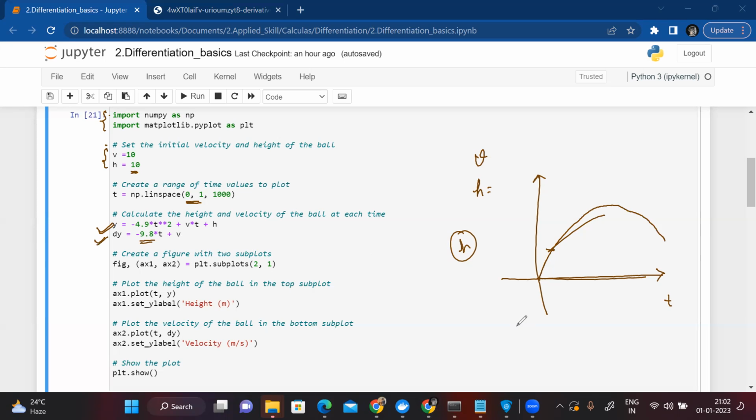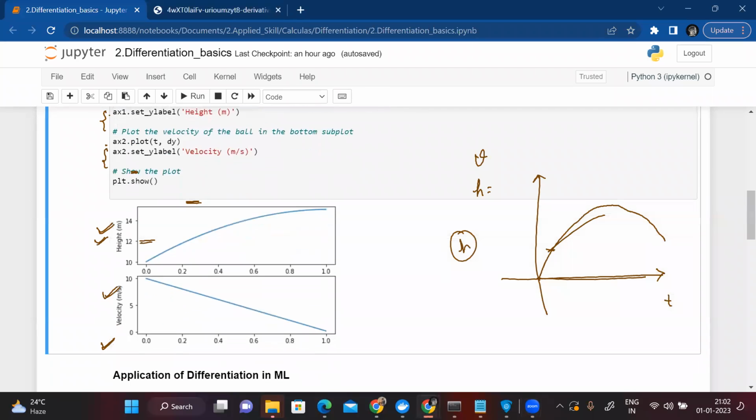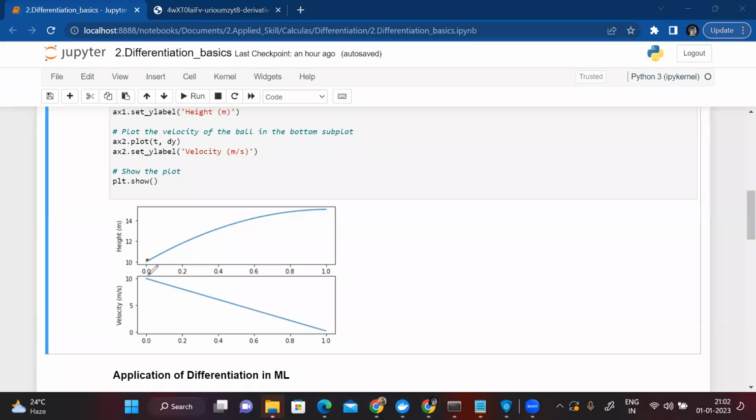Now we are going to plot two graphs here. One will be the height over the period of time, and the other will be the velocity, how it's changing. See here, this is the height one, and this is the velocity. If you see the diagram, you can understand. Both are starting with 10.